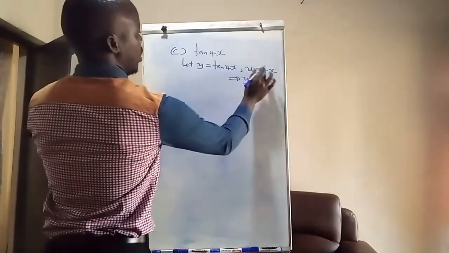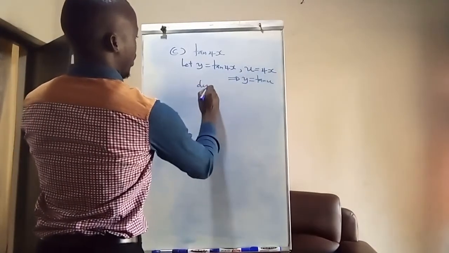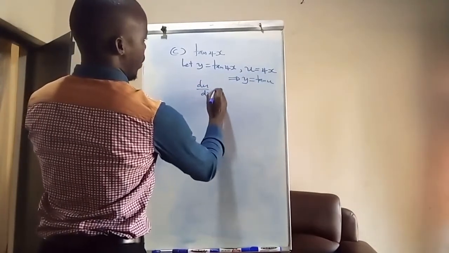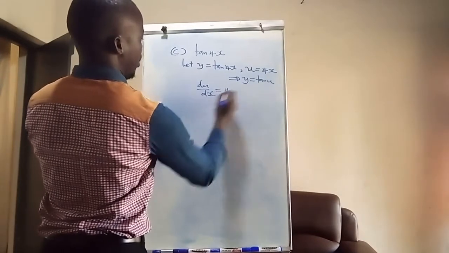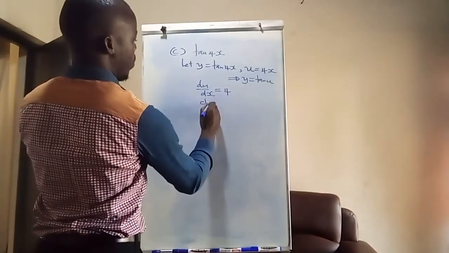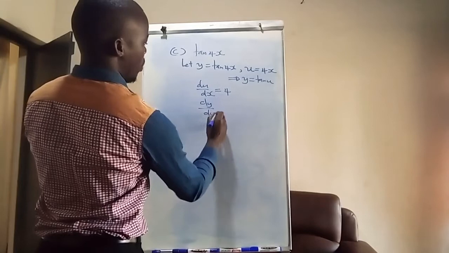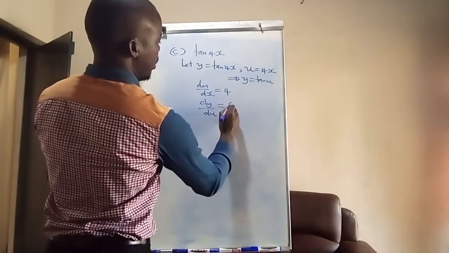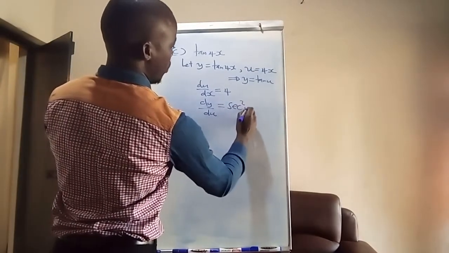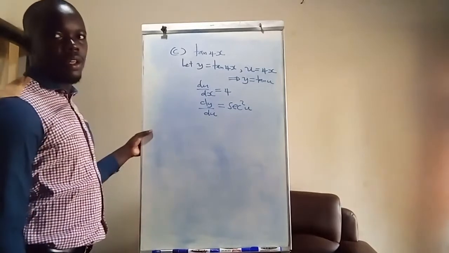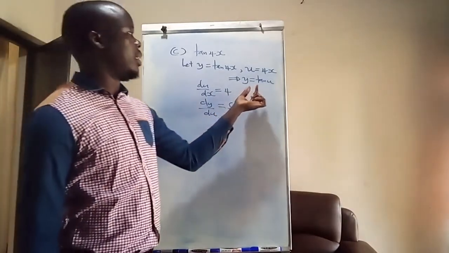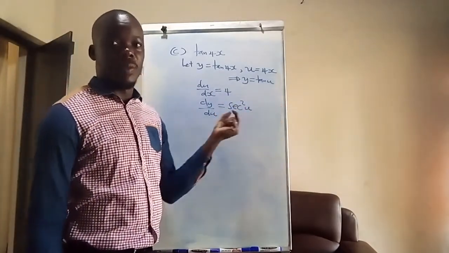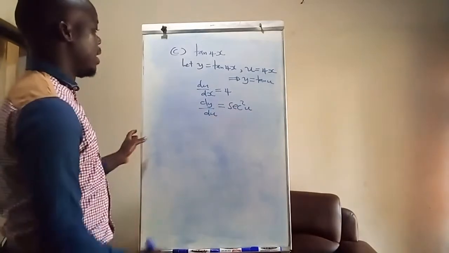When I differentiate the first function, I will get du dx as 4. When I differentiate the second one, I will get dy du as sec squared u. Remember, when you differentiate tan of u, you get sec squared of u, just like we did for tan x.